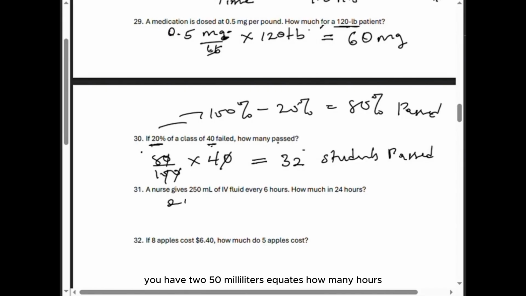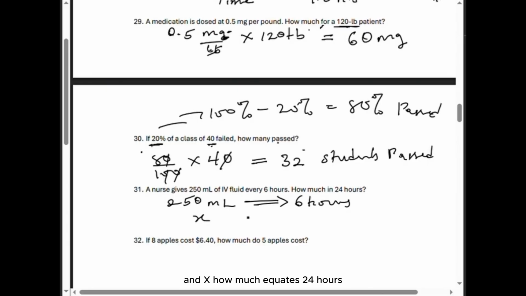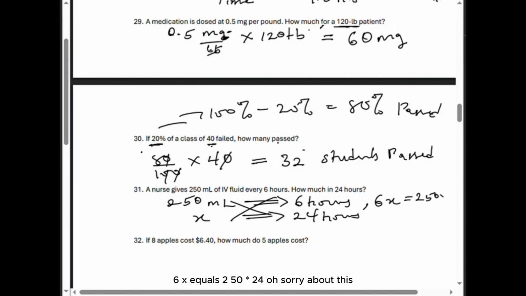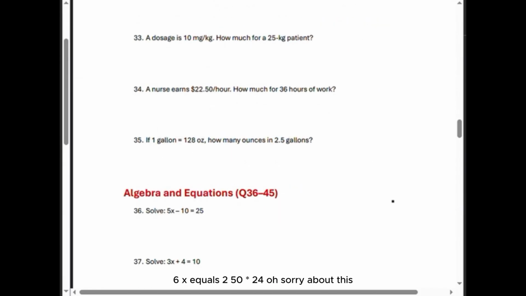You have 250 milliliter equates to 6 hours, and x, how much, equates to 24 hours. You cross multiply this, you have 6x equals 250 times 24.